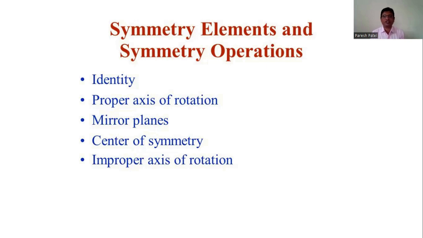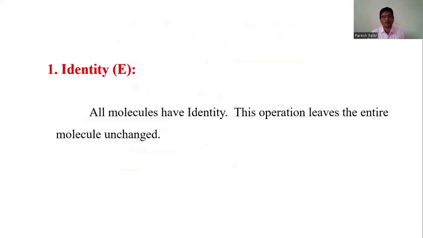Now, symmetry elements and their related symmetry operations can be classified into identity, proper axis of rotation, mirror planes, center of symmetry, and improper axis of rotation or rotational reflection axis of symmetry. Now, the first symmetry element is identity. E means unity.